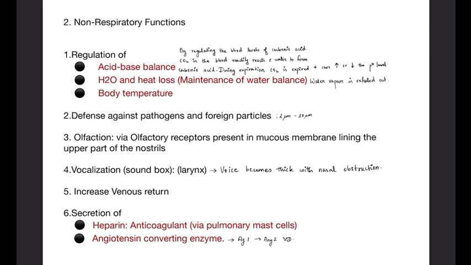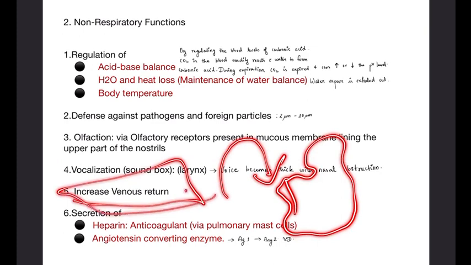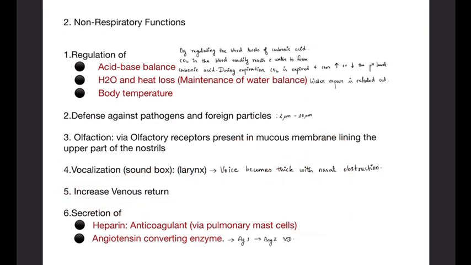Because of this negative intrapleural pressure, blood is drawn into and fills the heart. This leads to an increase in venous return. You guys understand, right? The negative intrapleural pressure causes a suction of the blood from down to upwards. This suction created by the negative intrapleural pressure is the reason for the anti-gravity flow of blood to the heart, and this also increases the venous return.